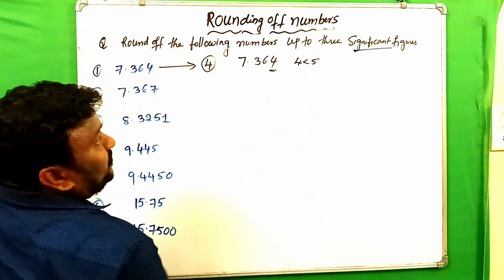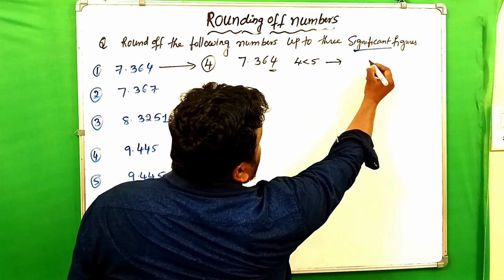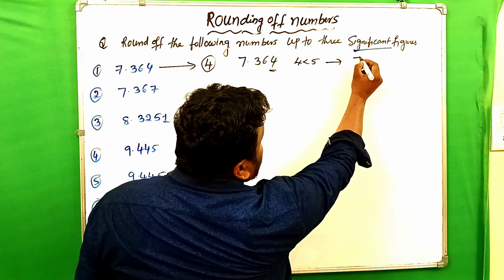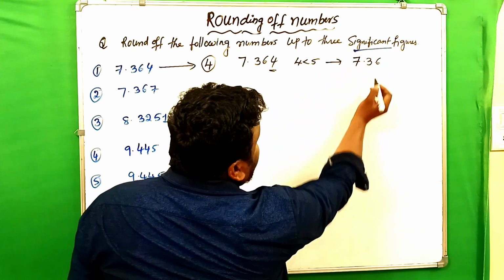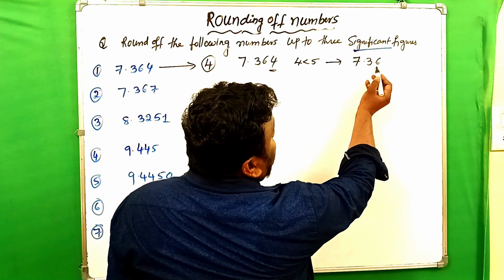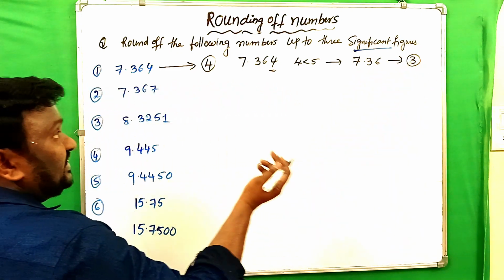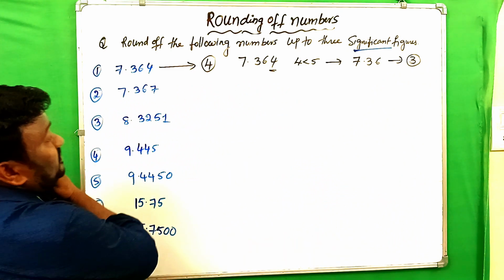That's why there is no change in the preceding number. Simply we can drop the 4 and write 7.36. Now you can count 1, 2, 3. This number has 3 significant figures. There is no need of further rounding.